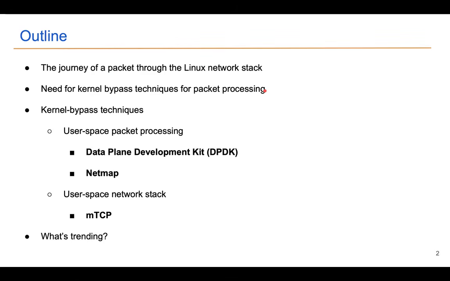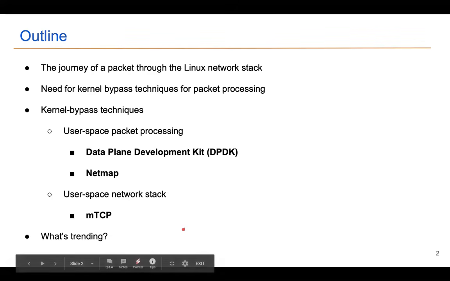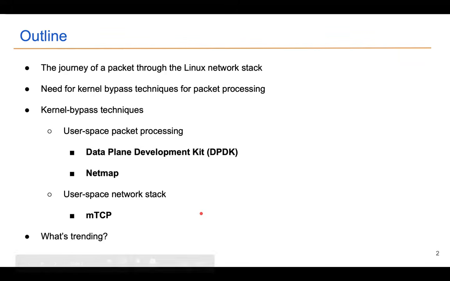Later, Priyanka will discuss the concepts of kernel bypass and describe a few popular kernel bypass techniques like DPDK, netmap, and mTCP. Finally, we will take the talk to the next level where we briefly discuss the recent packet forwarding trends. Also, not to forget, there is a follow-up video that deals with the practical aspects of DPDK installation and programming.